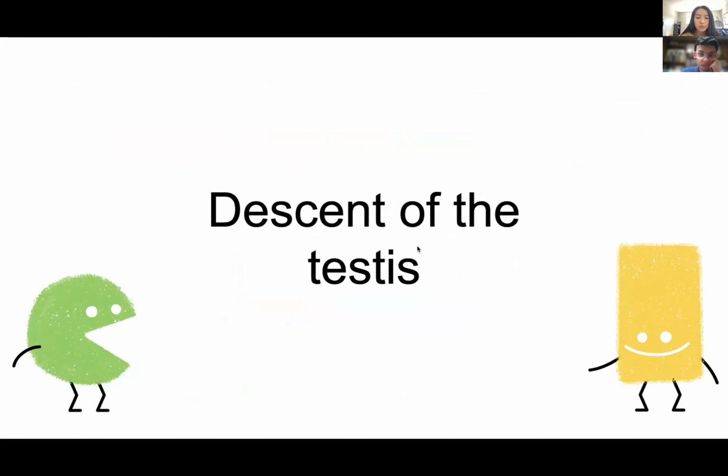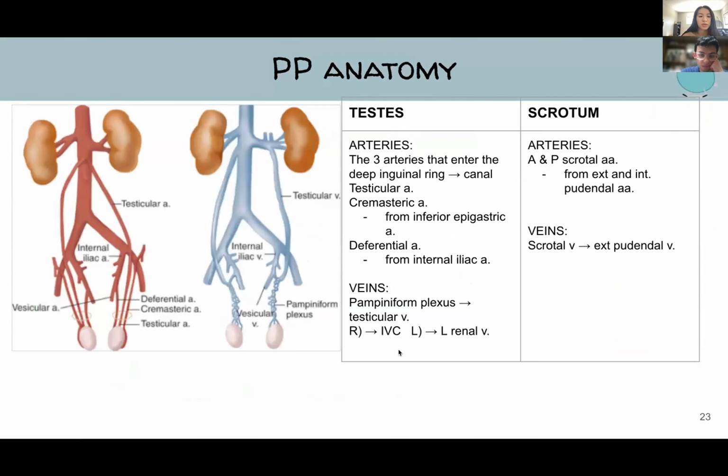Same thing again. Okay, descent of the testes. They love asking about stuff like this. Basically, familiarize yourself with the vasculature of the testes, because it can explain some of the conditions. For instance, nutcracker syndrome, which we'll talk about later.